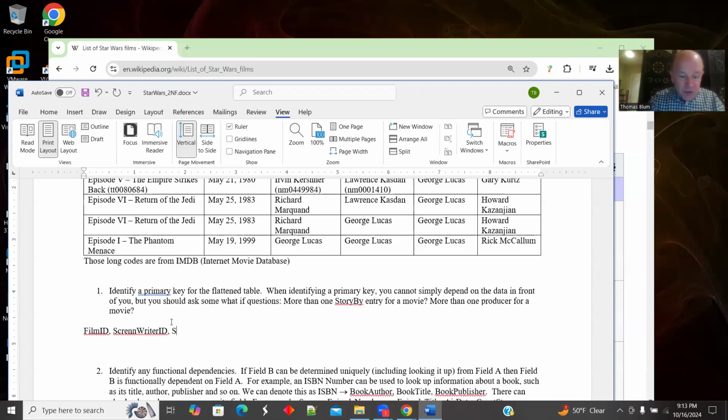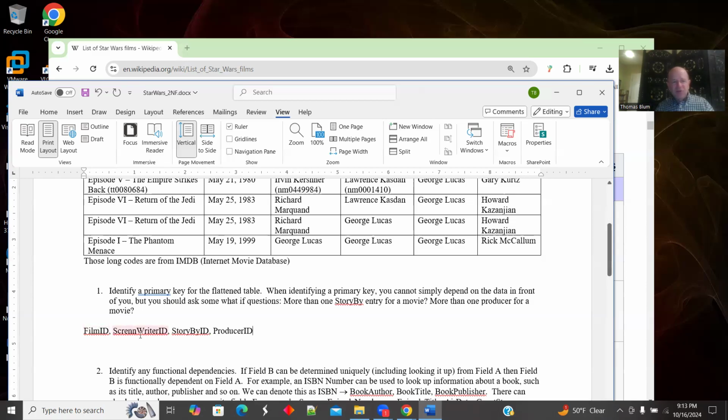It did not determine the story by because that was multi-valued. And that did not determine the producer because that was also multi-valued, not in my example data that I have written on in this Word document, but we saw on the Wikipedia page.